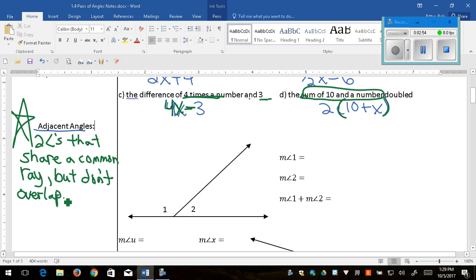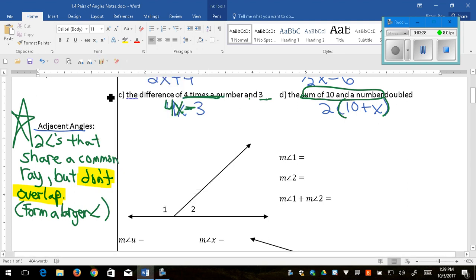In other words, there are 2 angles like we worked with in 1.2 that using the angle addition postulate can be added together to form a larger angle. The 2 by themselves form a larger angle. But it's very critical that we pay attention to this part, that they don't overlap. Because if they overlap, then we have a problem, then we can't add them anymore.